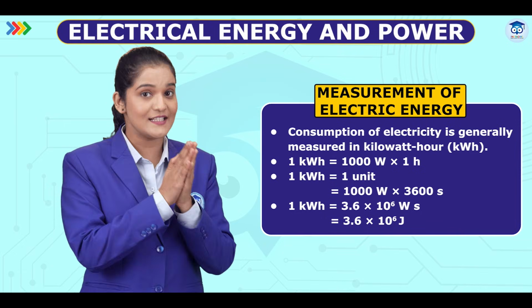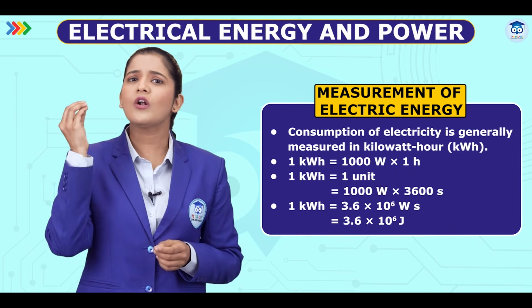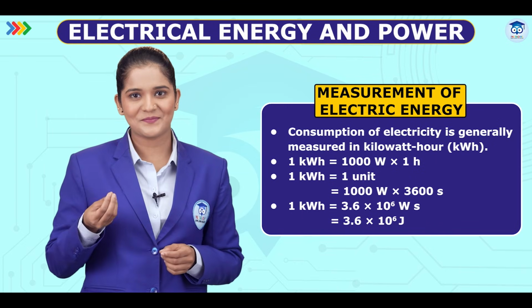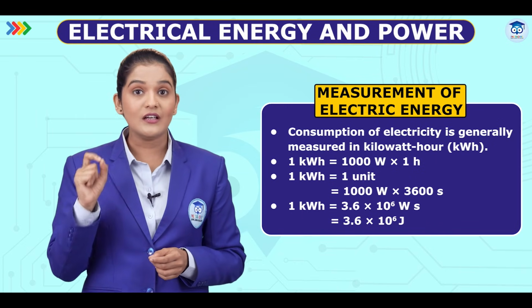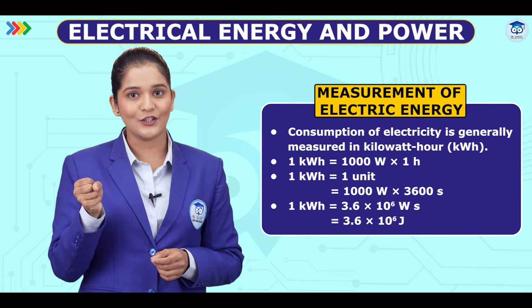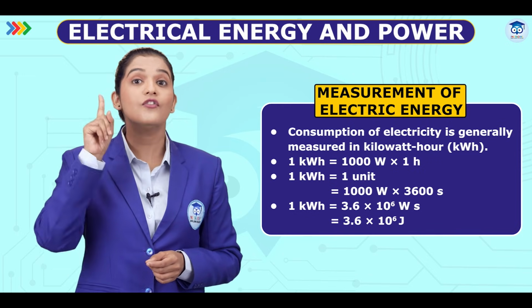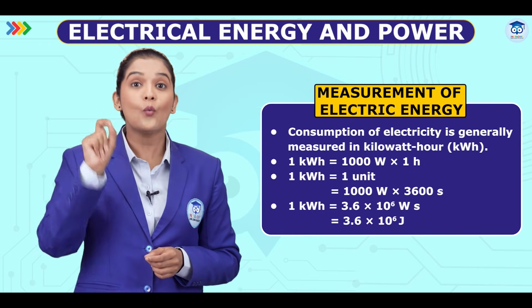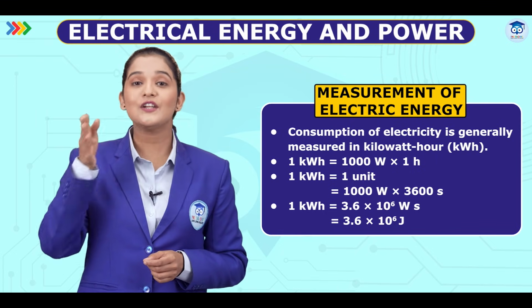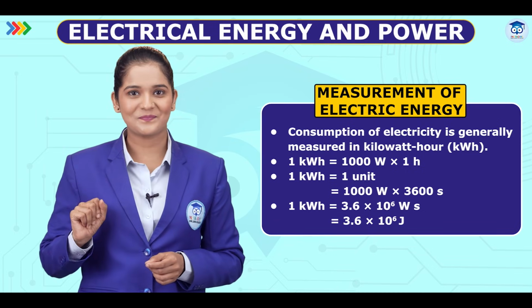To understand this better, let's define what 1 kilowatt hour means. 1 kilowatt hour is the amount of electrical energy consumed by an appliance with a power rating of 1 kilowatt, that is 1000 watts, when it operates for 1 hour.